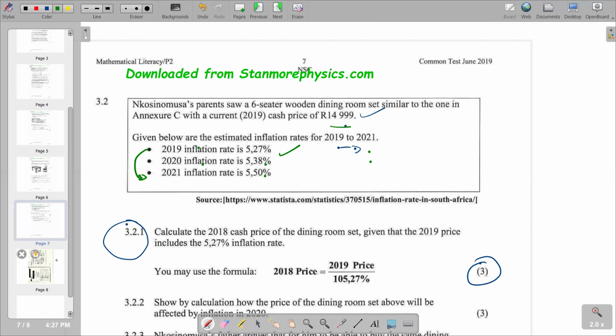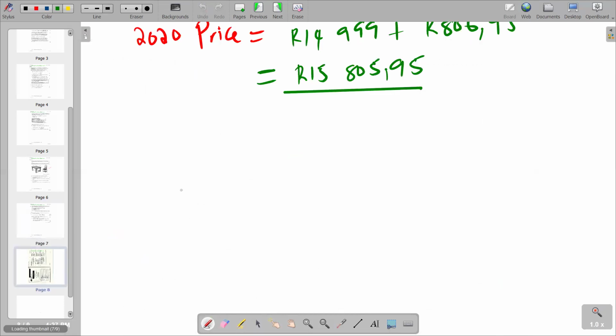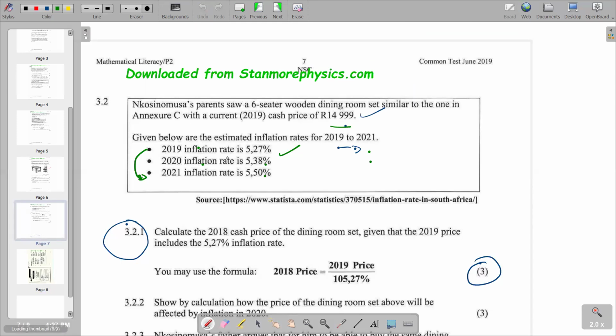So basically, for 3.2.3, we can just start by summarizing the increase of 2019 to 2020.